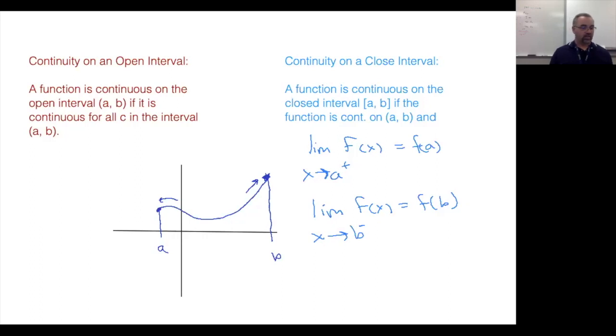But those are the definitions of continuity at a point, open and closed interval. Most of the theorems that we're going to work with for the rest of the year start with some language that usually says, let f be a function that is continuous on an interval.